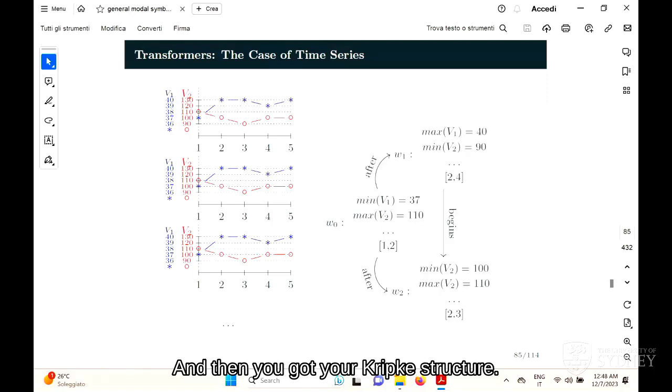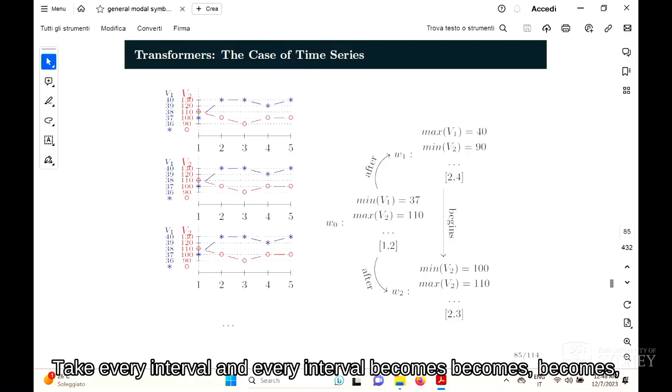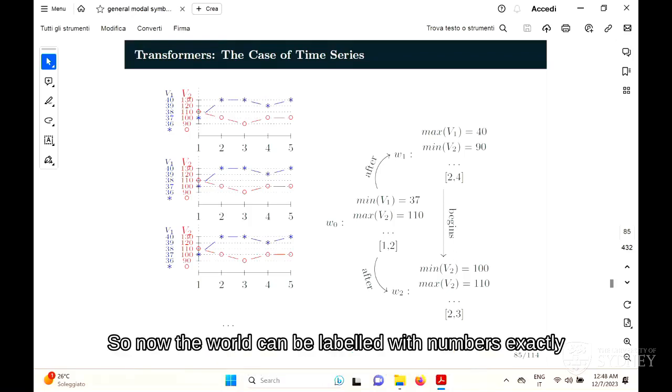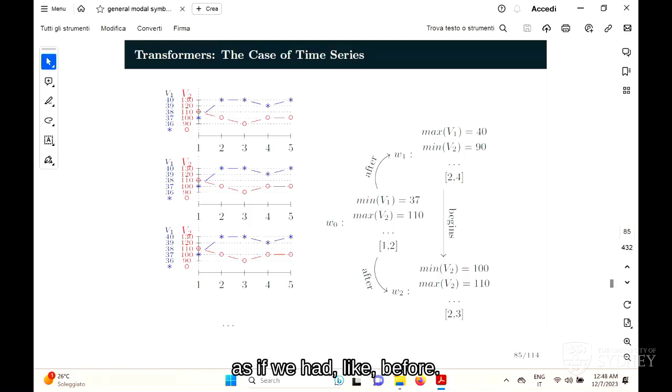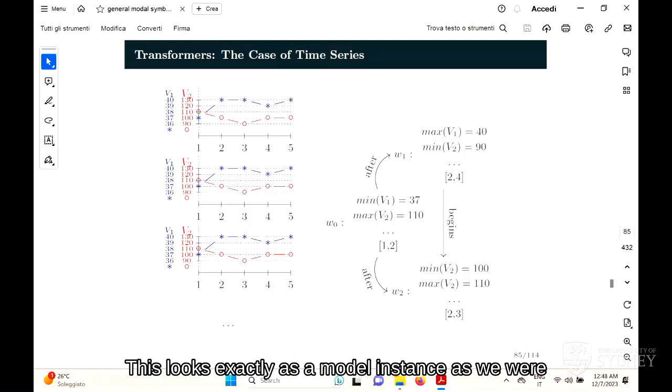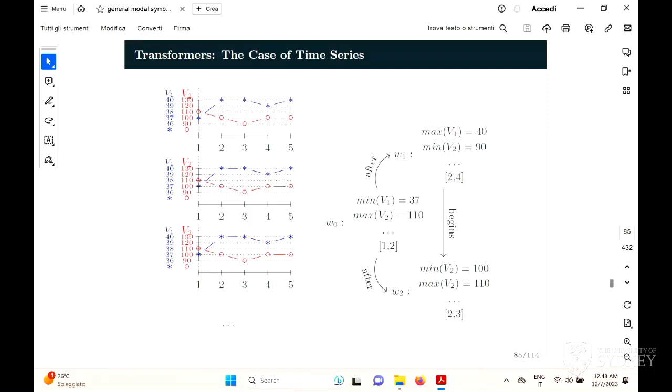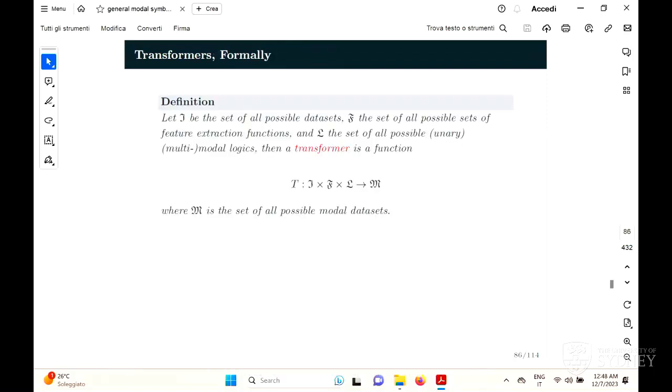And then you have your Kripke structure. Take every interval, and every interval becomes a world. Apply feature functions, so now the world can be labeled with numbers exactly as we had before. This looks exactly like a model instance as we were discussing yesterday and today. But now you can learn from it.